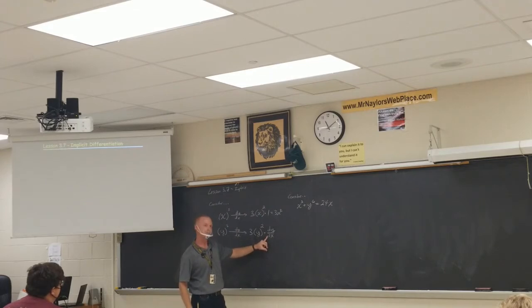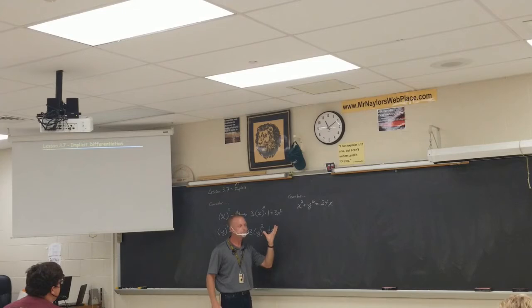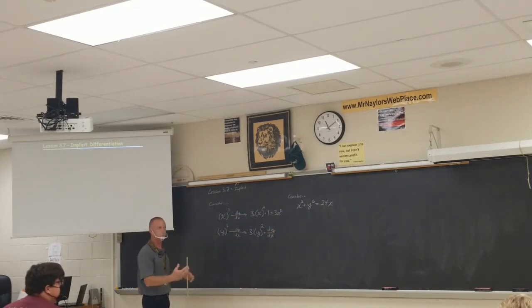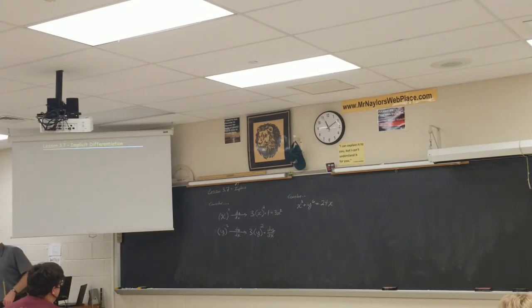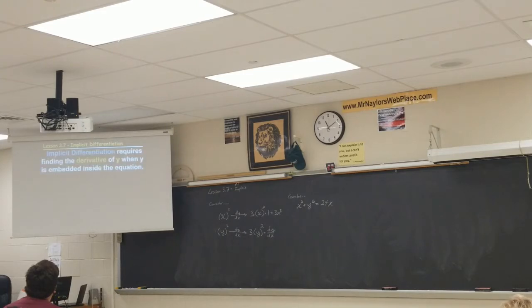It's dy dx. Now, even if you're a little bit unsure, I think I understand, you'll see it again and again. Basically, it's how we navigate an implicit problem. So when we have implicit differentiation, what we're going to end up doing is the derivative of y, and you'll find out it's embedded in the problem.